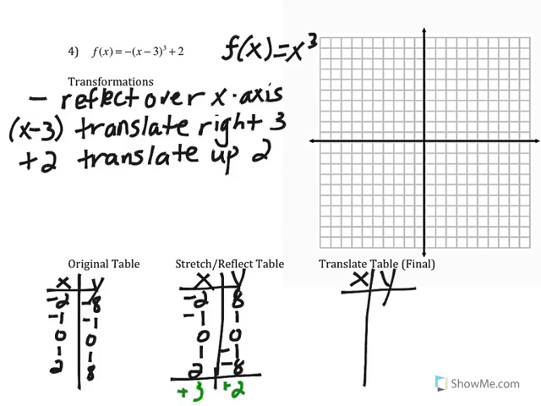If we do that, we end up getting 1, 2, 3, 4, 5. And we're going to get 10, 3, 2, 1, and -6. Now these should all fit on this graph because we made this a little bit bigger. So we have 10 up here.